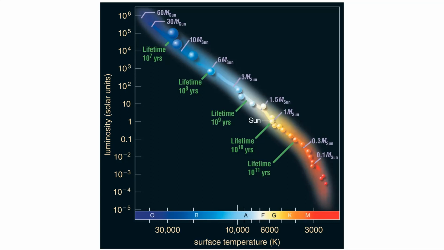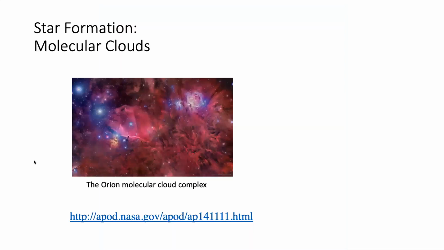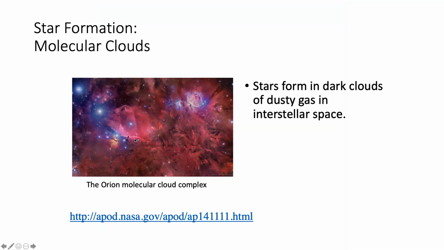All right, so now what we're going to talk about is where do these stars form, or how do these stars form? And it begins with a molecular cloud. These giant accumulations of spread out gas that permeate space.